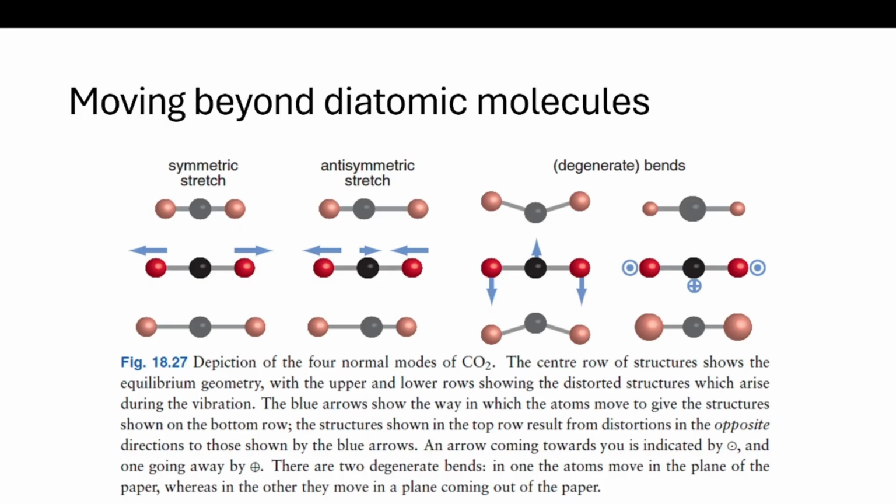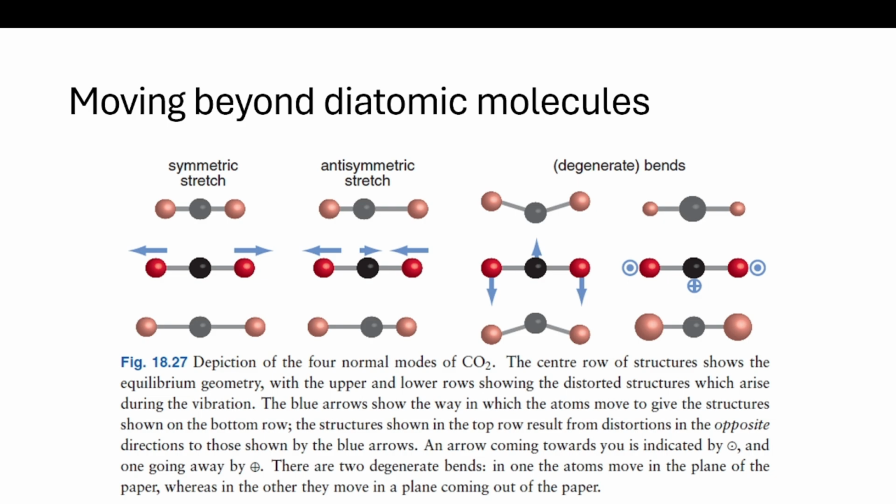Now, I talked about diatomic molecules enough already, right? It's a simple two mass on a spring problem. You can model it with Morse potential or harmonic oscillator. Pick me, choose me.